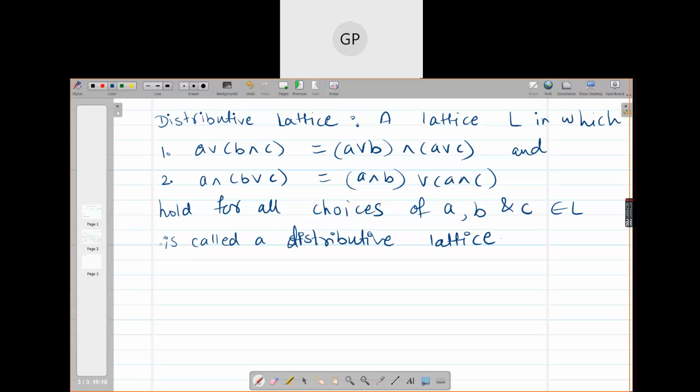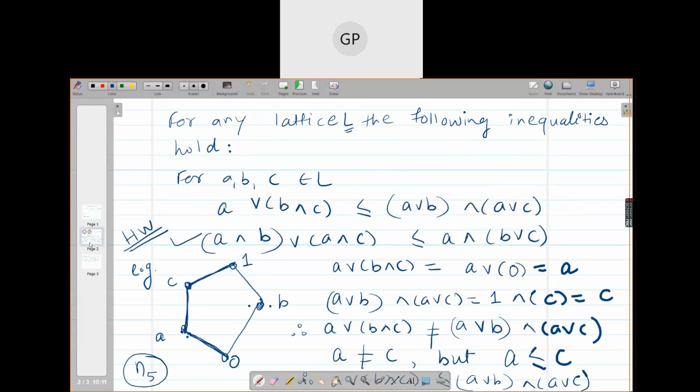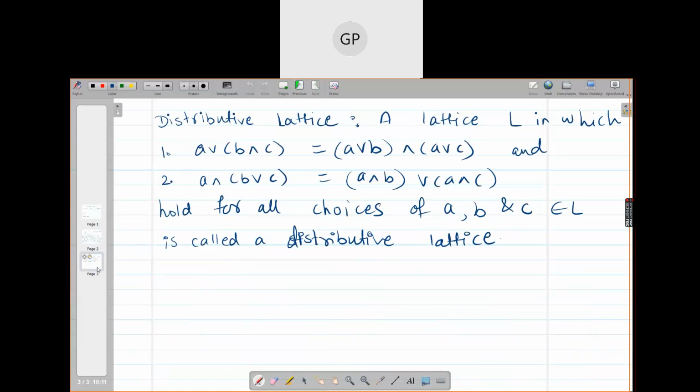Finished writing? So, is this lattice N5 distributive? Okay, I will redraw the N5 lattice. This is N5.